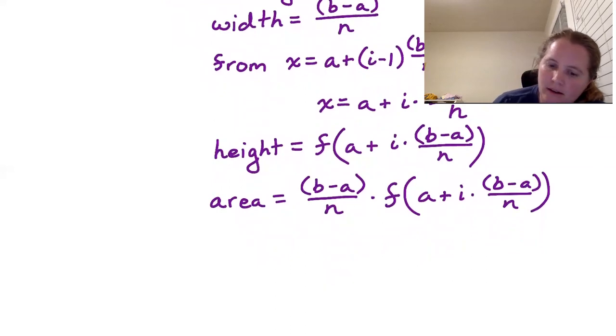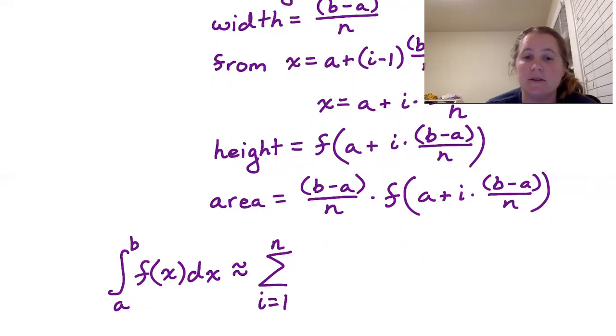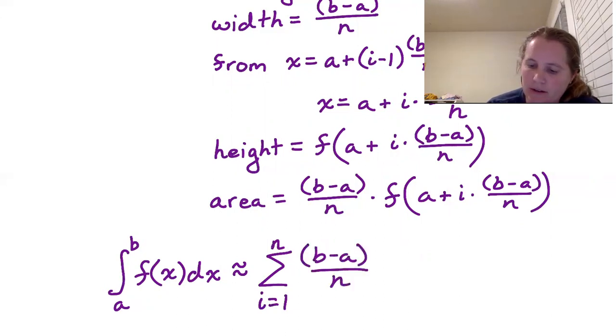And then our approximation for the definite integral from a to b of f of x dx will be given by, we take the summation from i equals 1 to n over all of those rectangle areas. So we have b minus a over n times f of a plus i times b minus a over n.